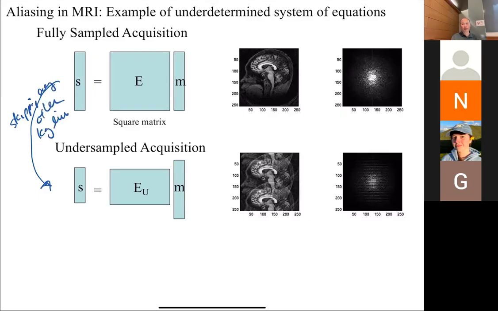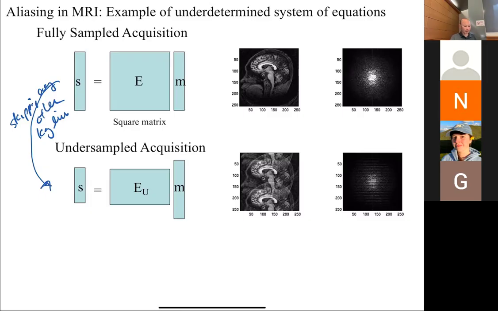Like you did in the homework. Okay, I skip every other line. And so now I'm going to have half the number of samples in Fourier space, right? Because I've gotten rid of half of them. So now I've gone from a square matrix to a wide matrix. Okay. And now I have fewer equations than unknowns. And so the question is that I have multiple possible solutions.